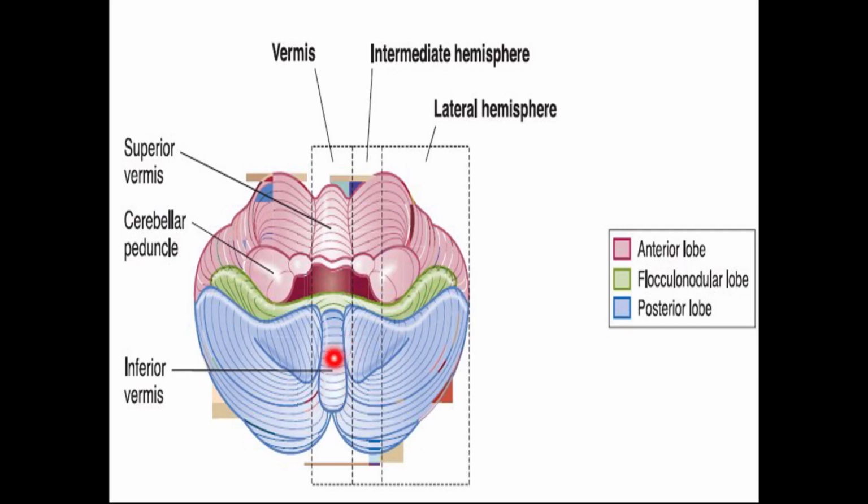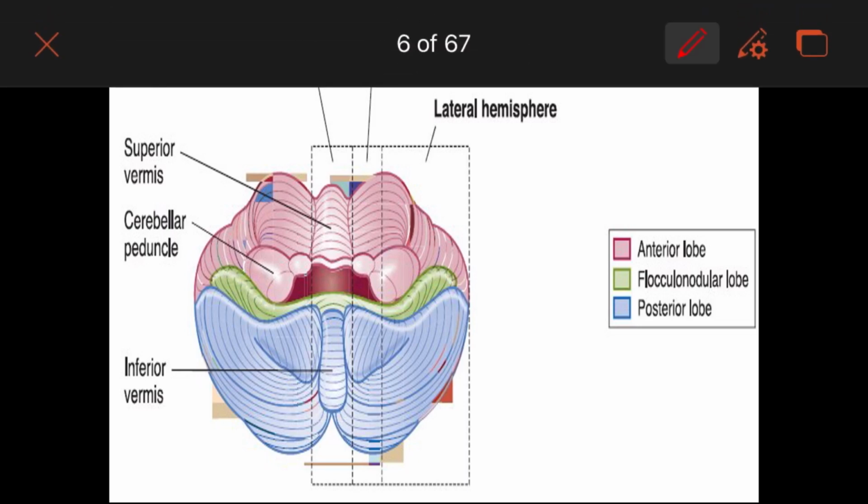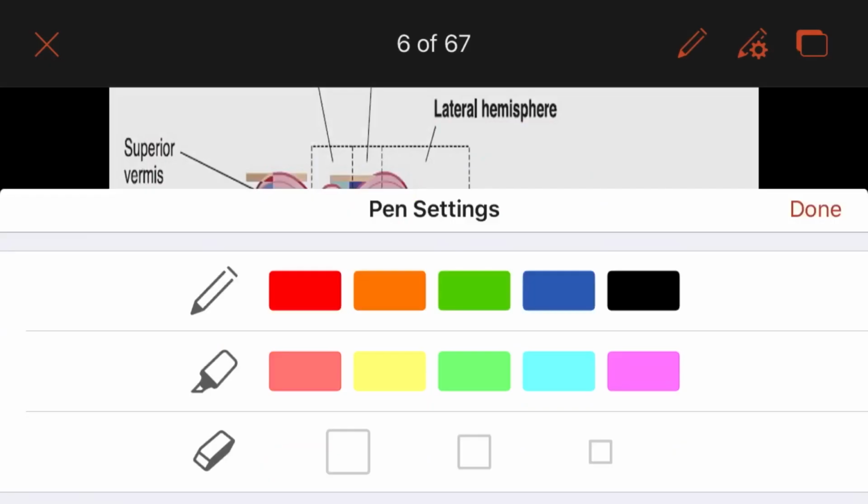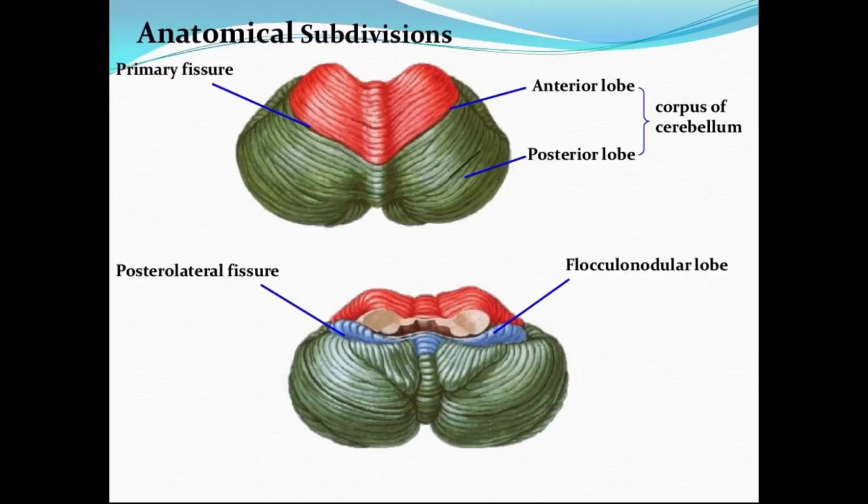And why is the vermis called vermis? Because in appearance it is worm-like. If we close the anterior end with the posterior end of a wriggling worm, it gives the shape of the vermis. That is why it is called the vermis.